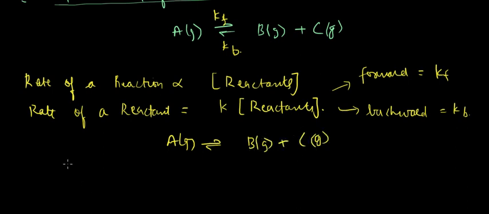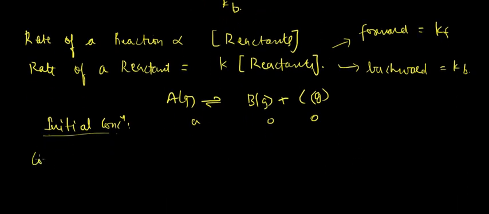In the same reaction, let's say the initial concentration of A was a mole concentration a, and initially B and C were both 0. Let's see what the concentration is at time t. Time t is any random time, it may or may not be at equilibrium, it is during the span of the reaction.